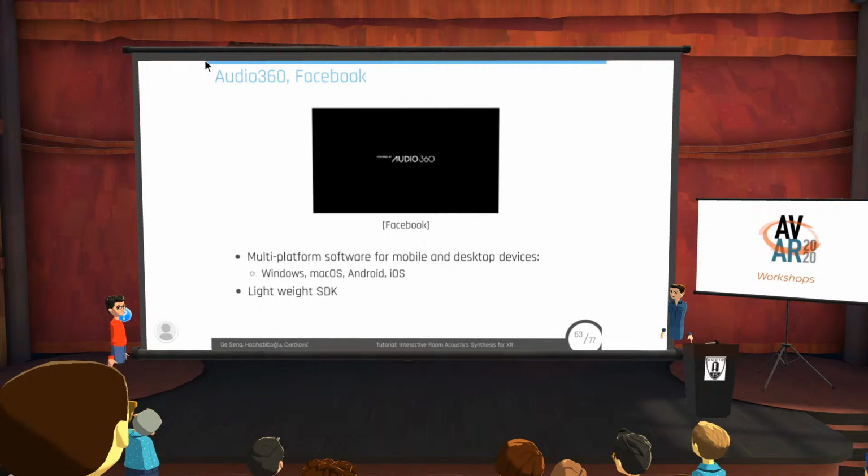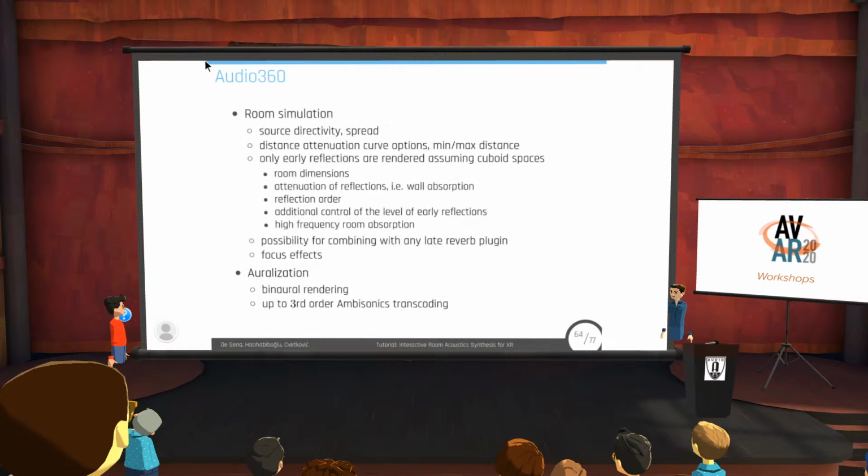Where am I? So open source SDKs basically explore different trade-offs between the quality of synthesized room acoustics and associated computational complexity. Facebook's Audio 360 is particularly lightweight. It allows for source directivity and different options for source distance attenuation.